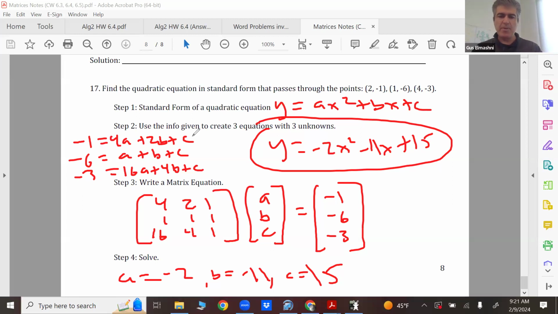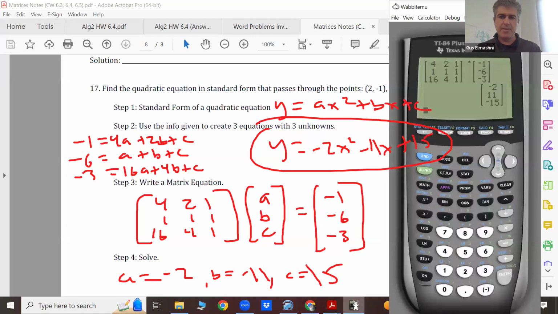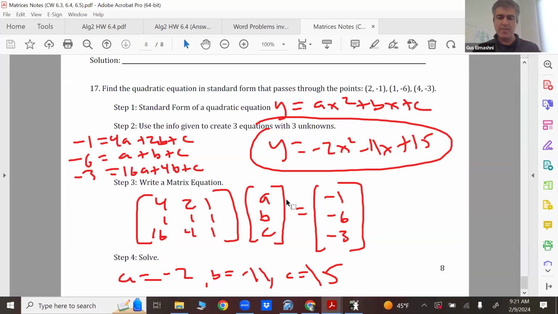Let me make sure I punch in correctly in the calculator. So I think it's a positive 11, negative. Oh, you're right. -2, 11, 15. I copied the answer wrong. My bad. Thanks, Kelly. There we go. Yeah, that looks better now. I feel better about that.